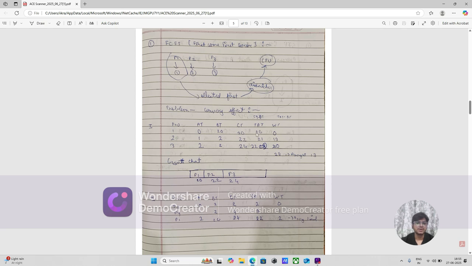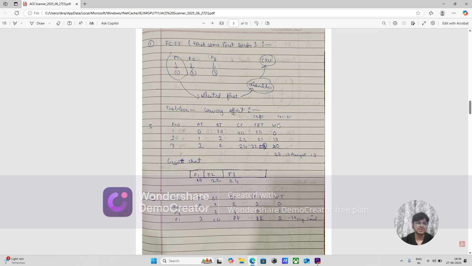Now for turnaround time we calculate CT minus AT. So 20 minus 0 is 20, 22 minus 1 is 21, 24 minus 2 is 22. This is the turnaround time for processes P1, P2, P3.